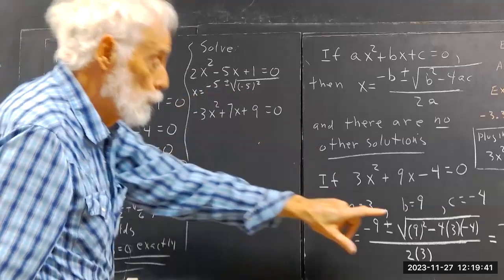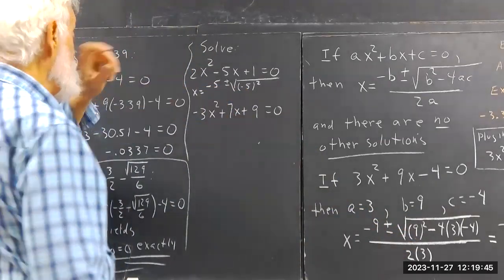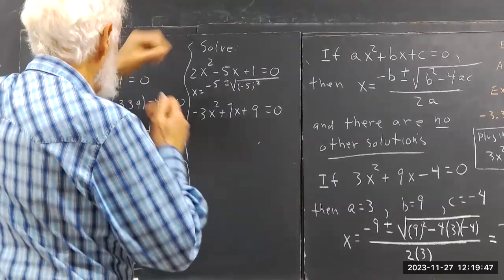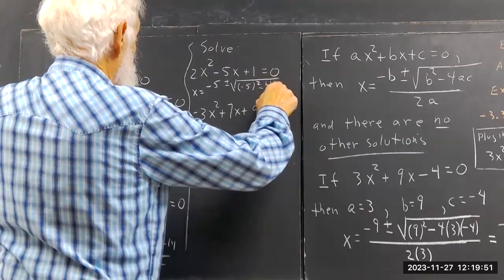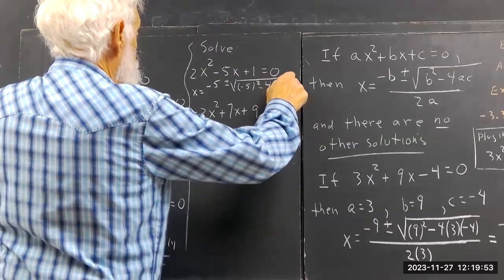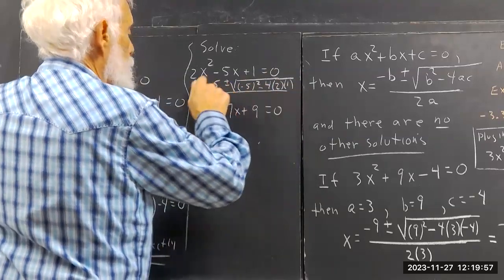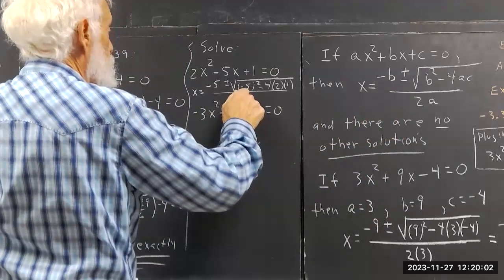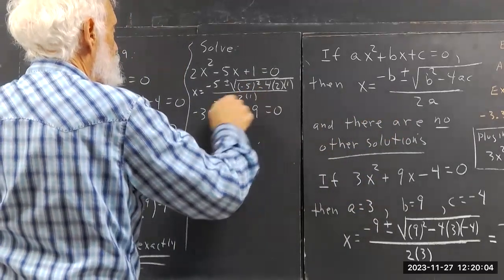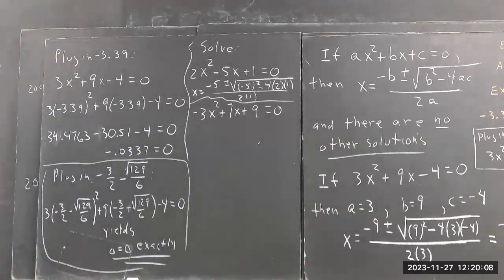You don't really need it if the number is positive, but you do need it if the number is negative. So you put the square of -5, and then it's -4 times A, which is 2, times C, which is 1. Then it's over 2A, which is 2 times 1. Now, I didn't leave myself much room, but there's the expression, and then it simplifies. Okay?